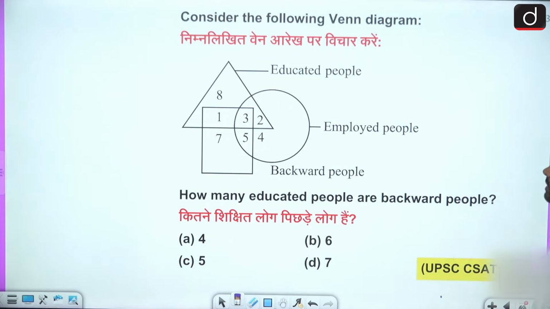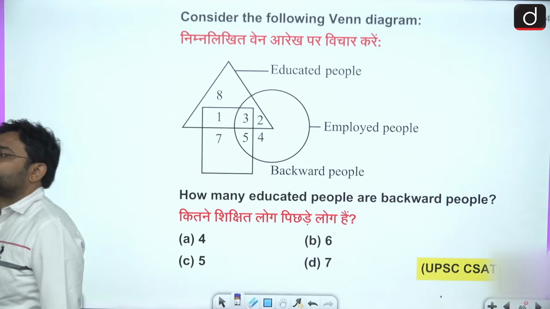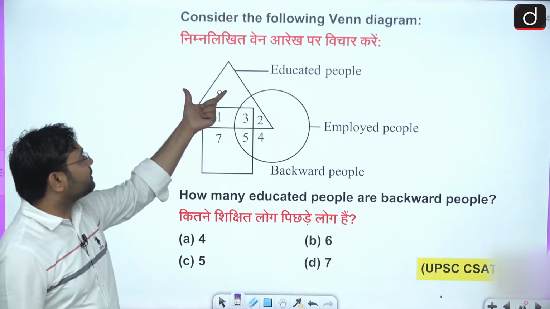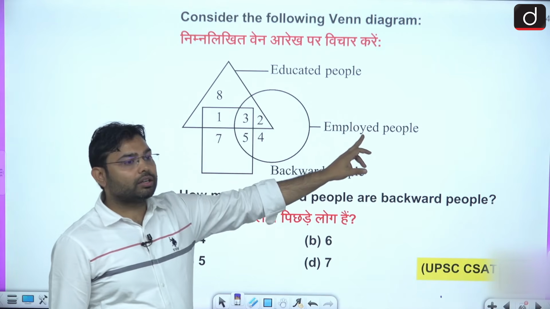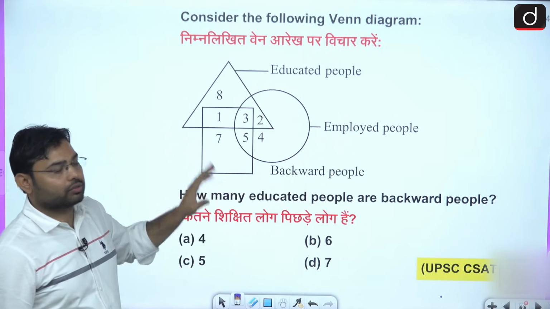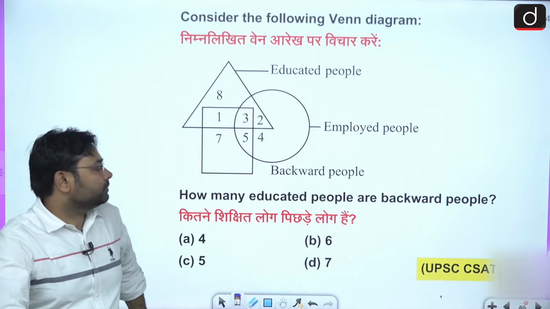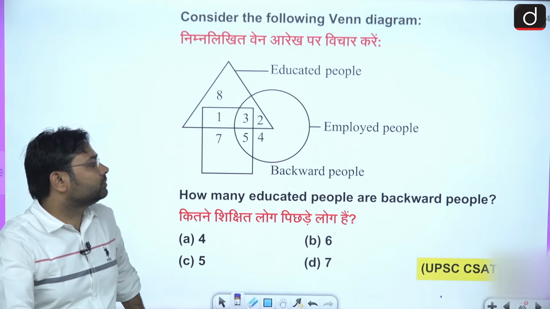Now you will tell me this. How many educated people are backward people? This triangle is representing educated people, circle is representing employed, and backward is this. What do you want?